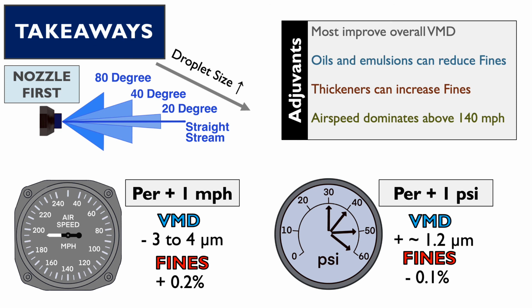On adjuvants, most of them that you add to your tank will improve the overall VMD. We've seen oils and emulsions have the potential to reduce your fines. Some of the thickeners may actually increase your fines. And then once your airspeed hits 130 to 140 mile an hour, your solution effect really diminishes.